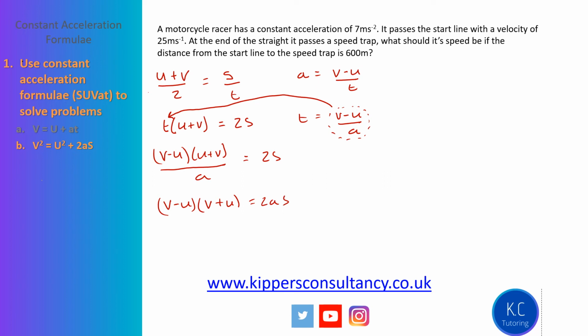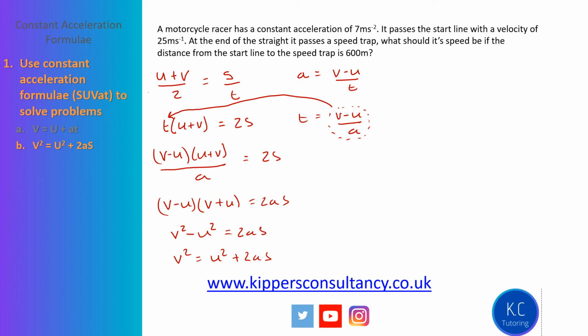We can see that the left-hand side is the difference of two squares. So I've got v squared minus u squared equals 2as. And then with a little bit of rearranging, v squared is equal to u squared plus 2as, and that's the formula we're looking for.